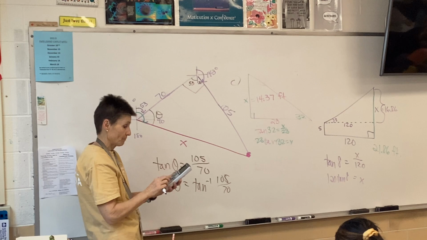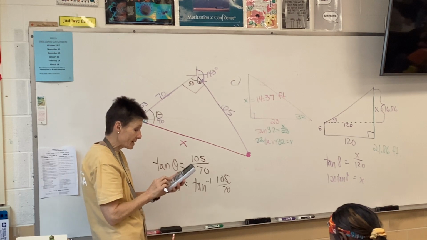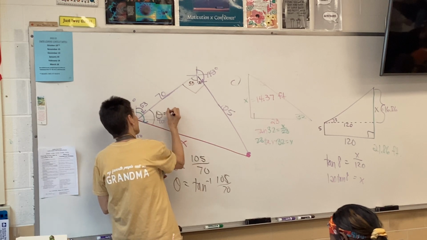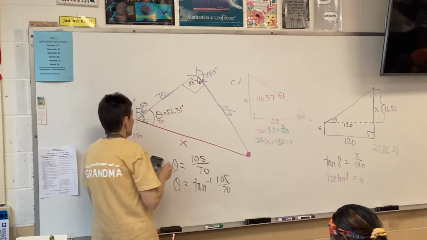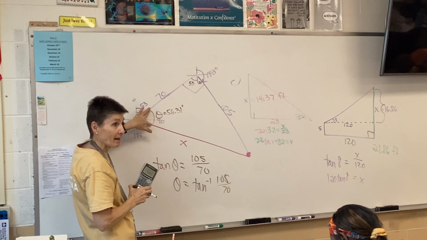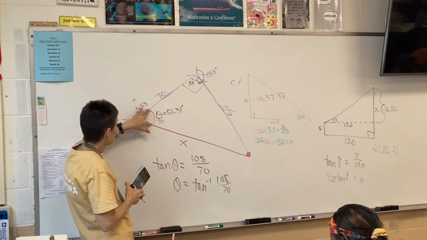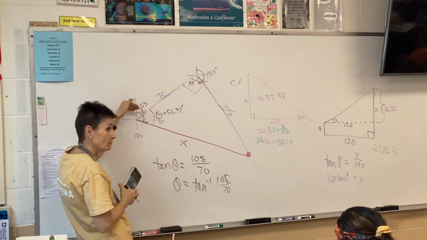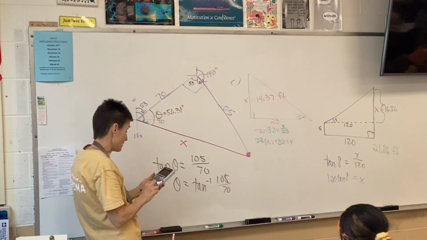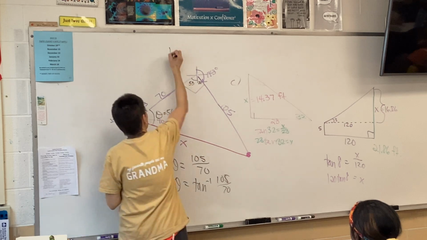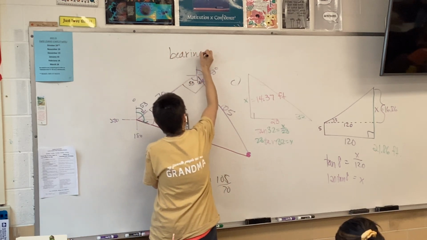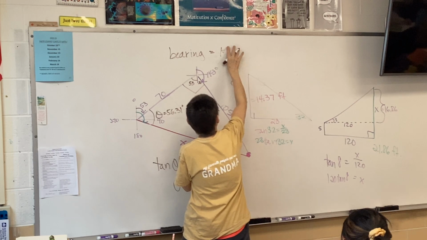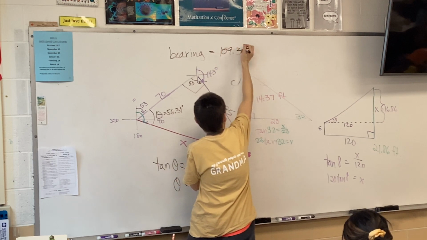Sometimes we have to think, guys. I got 56.31. Now, that's just the brown angle, so I've got to add the 53 to it to get the whole green angle. So adding 53 to that, my bearing is 109.31 degrees.